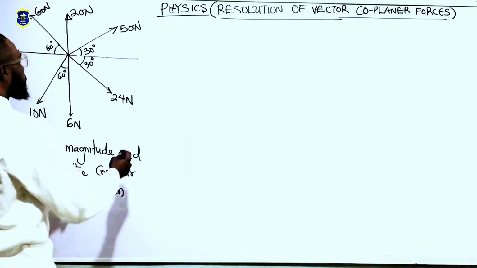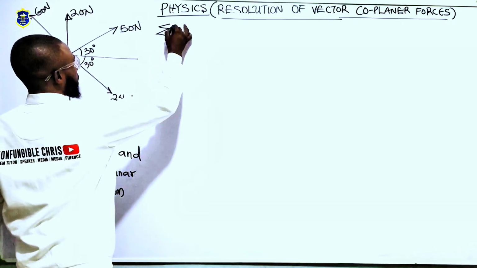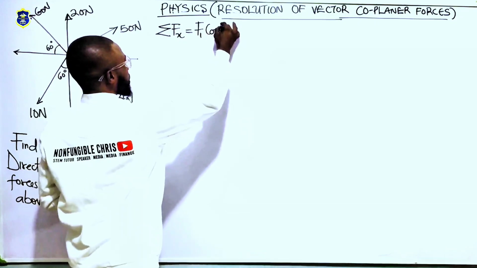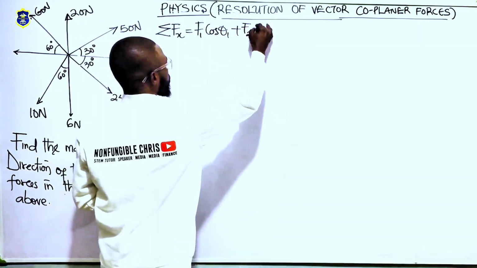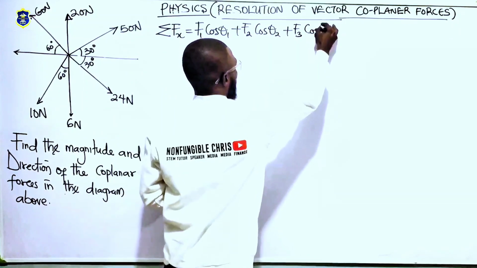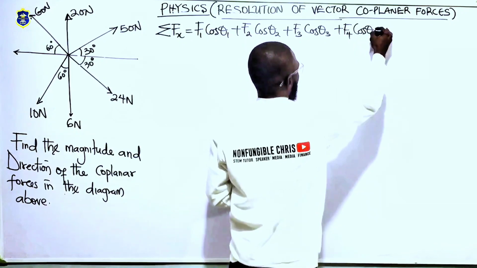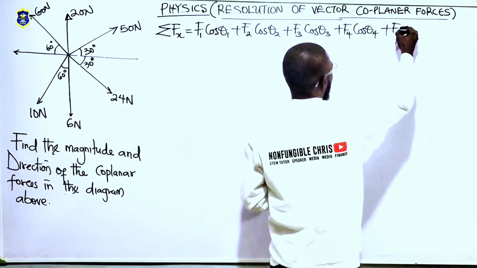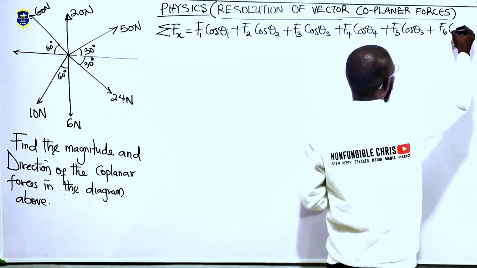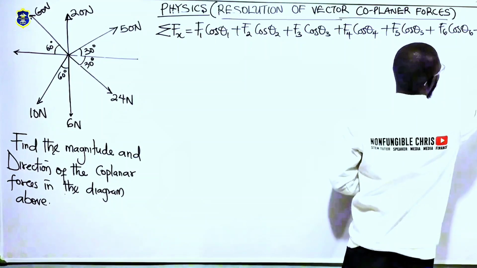We're resolving the force into two axes, both the x and y axis. So the summation of Fx is going to be F1 cos theta 1 plus F2 cos theta 2 plus F3 cos theta 3 plus F4 cos theta 4 plus F5 cos theta 5 plus F6 cos theta 6 plus so on and so on, with Fn cos theta n.